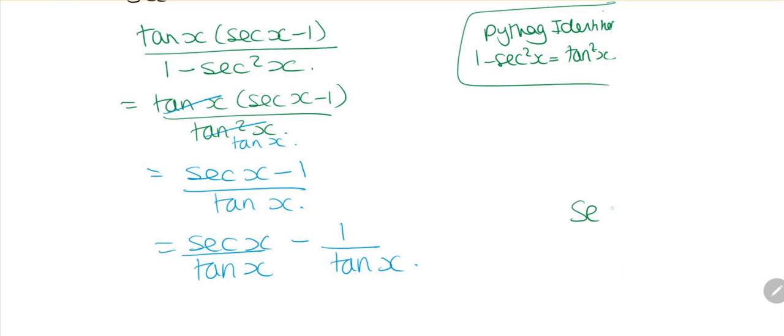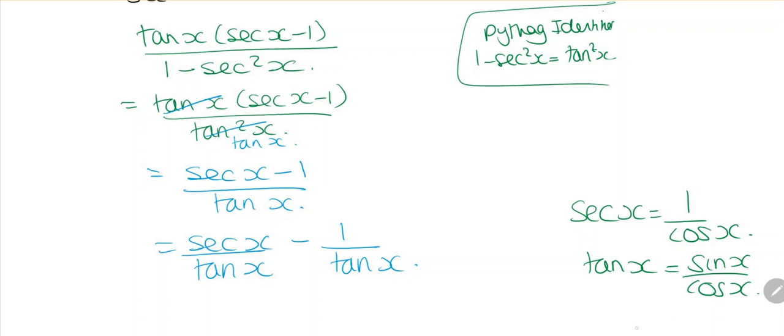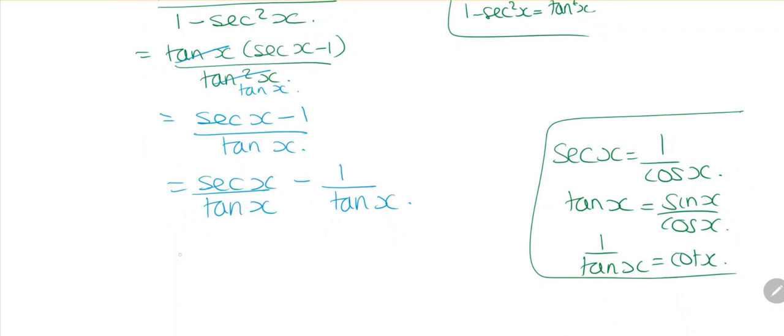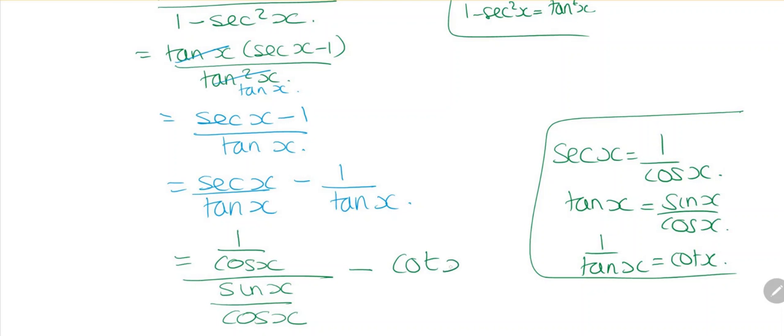Well, secant of x is 1 over cosine, tan of x is sine of x over cosine of x, and 1 over tan of x is cotangent of x. So let's see what we can do. If we rewrite secant, this is going to be 1 over cosine of x divided by sine of x over cosine of x, and then minus cotangent.